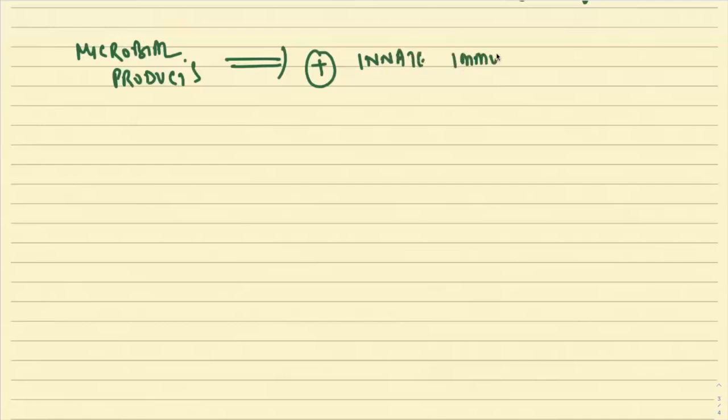Can anyone tell me? Yes, it is the immune system which is always present from birth. It does not require any prior stimulation. No antigen stimulation is required for this immune response. So they are always there. For example, certain innate immune receptors are toll-like receptors, or nod-like receptors, NLR. These are all examples of innate immune receptors.